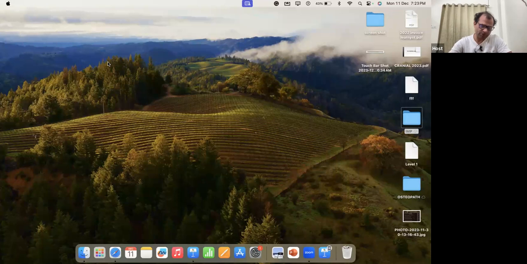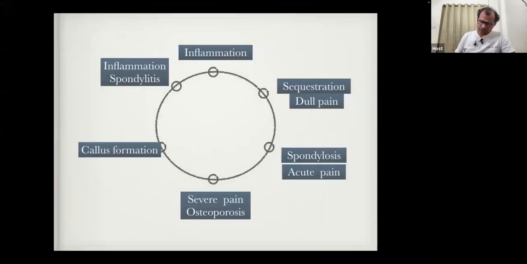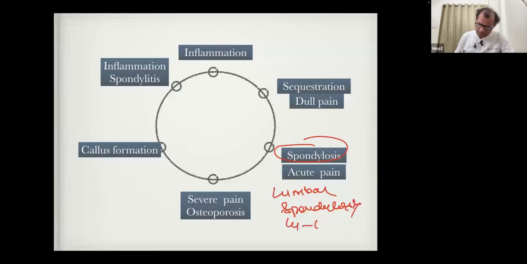Whether we want to do the treatment of, suppose someone is suffering with the spondylosis of the lumbar 4 vertebra. Someone is suffering with the spondylosis, lumbar spondylosis, and between L4 L5 vertebra.